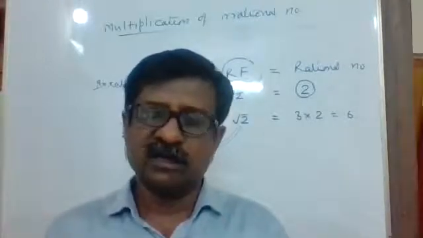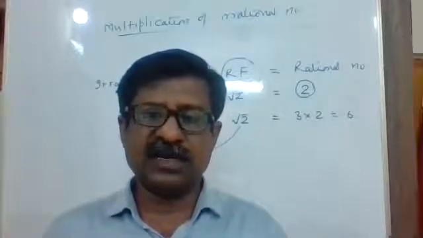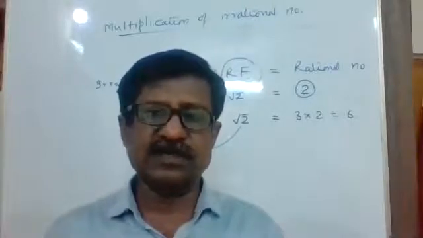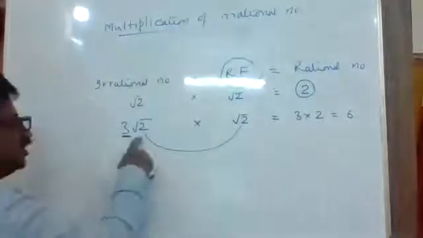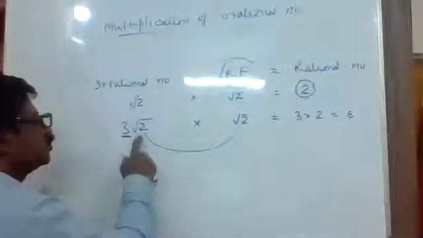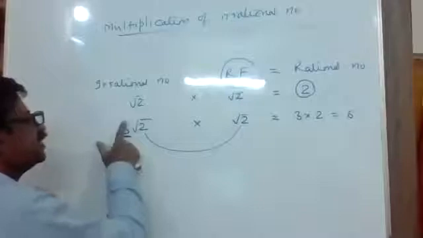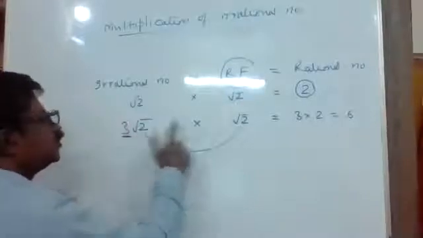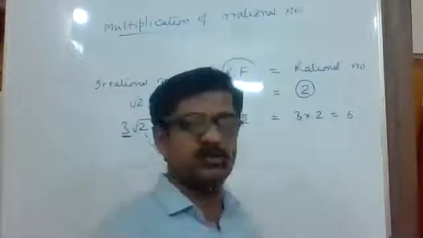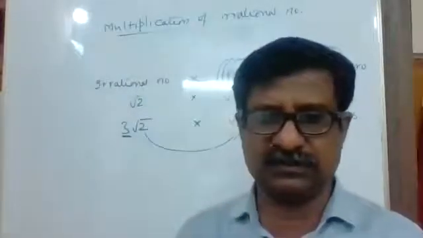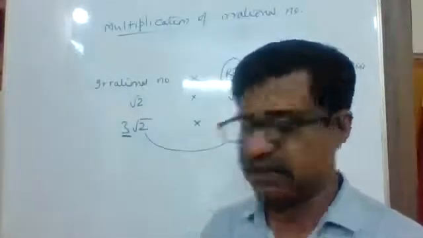Okay? We will not take the rational part, we'll take only the irrational part. As we got 3 root 2, the rationalizing factor of this 3 root 2 is root 2, because 3 is already a rational number, we don't have to consider that. Root 2 into root 2 is 2, 3 into 2 we get as 6. That is the rationalizing factor.